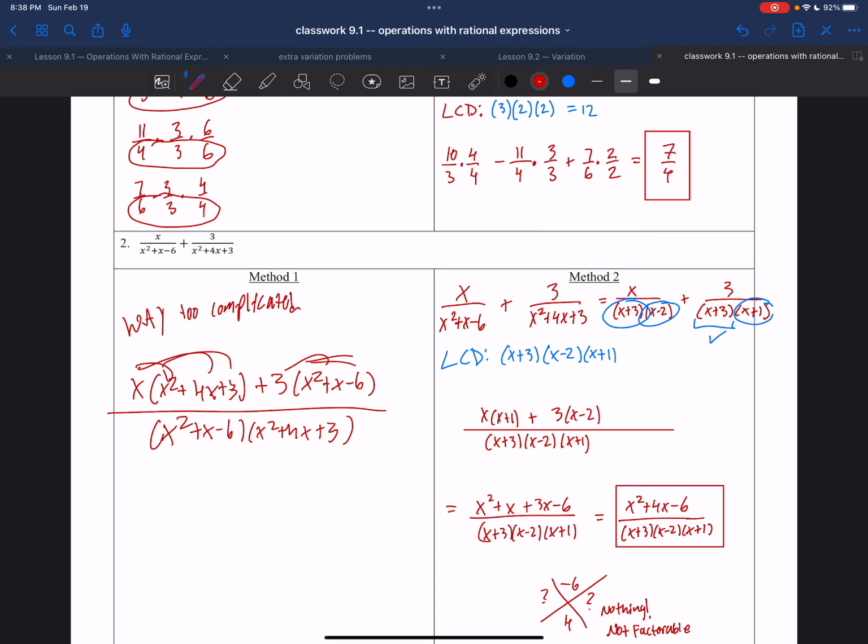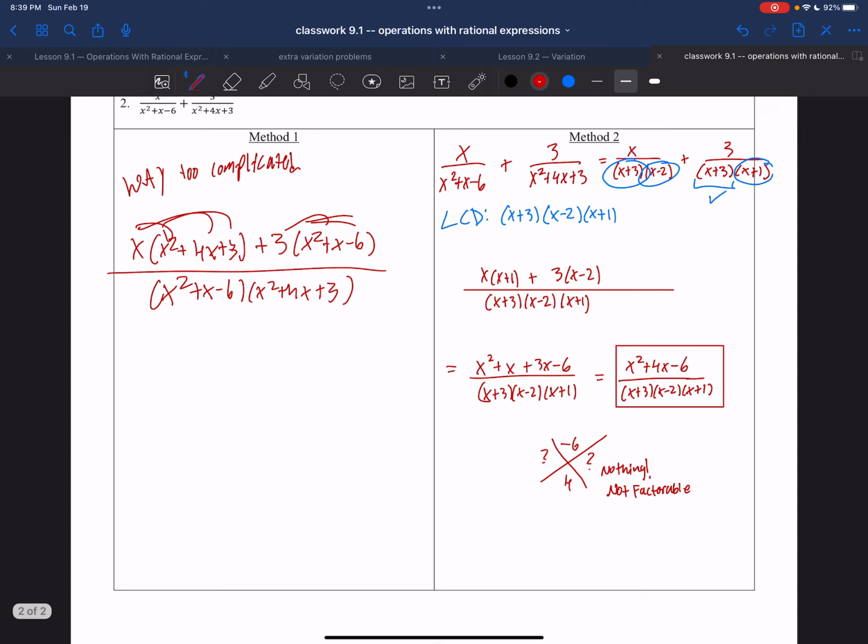And I did it in class, but I don't see a reason to make this video any longer than it really needs to be, okay? Stick with finding the least common denominator with method 2 on the right, because trust me, if you just get a common denominator and you don't bother finding the least common denominator, you can run into some very ugly factoring.